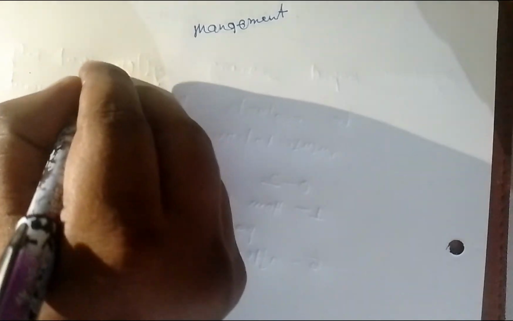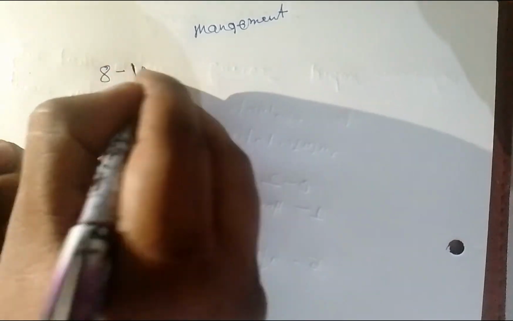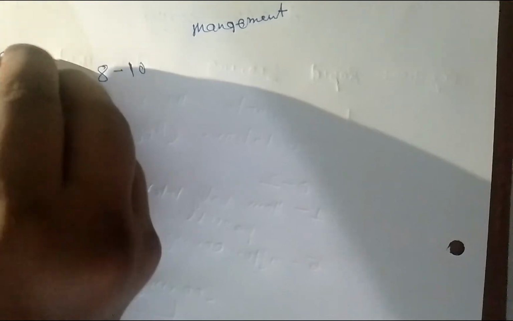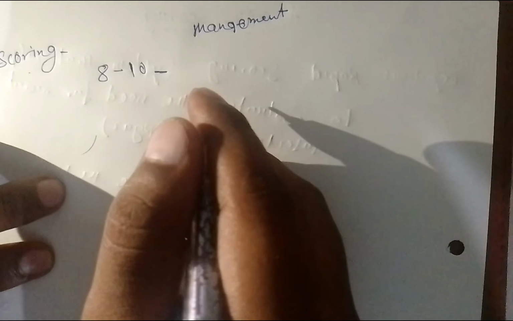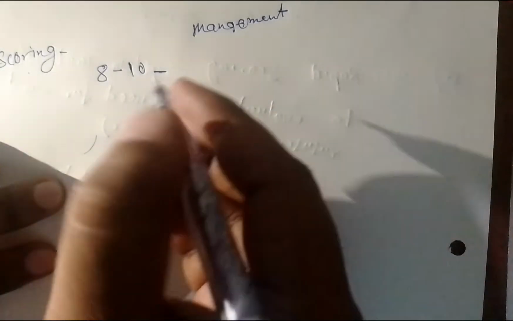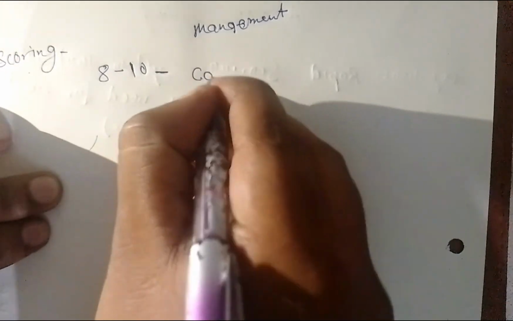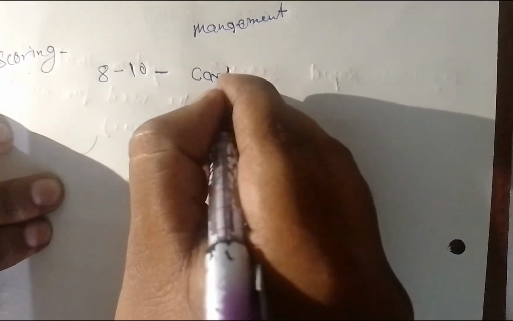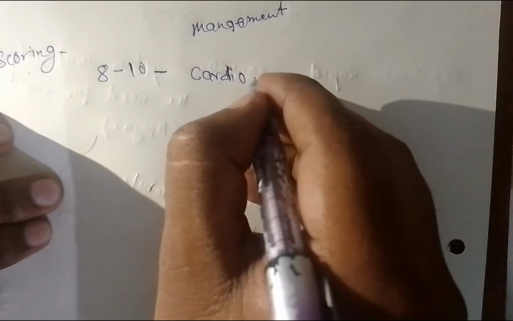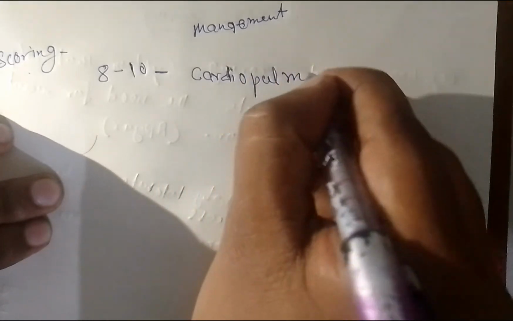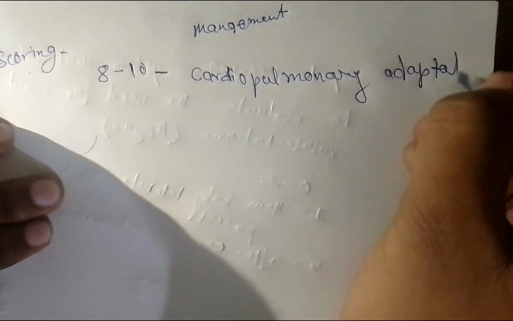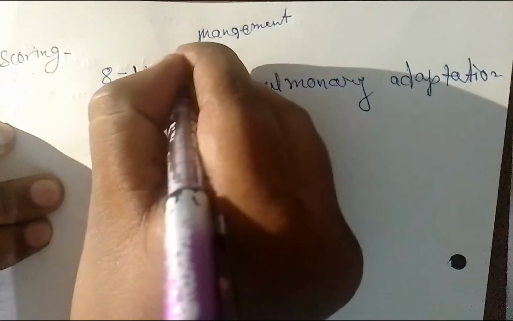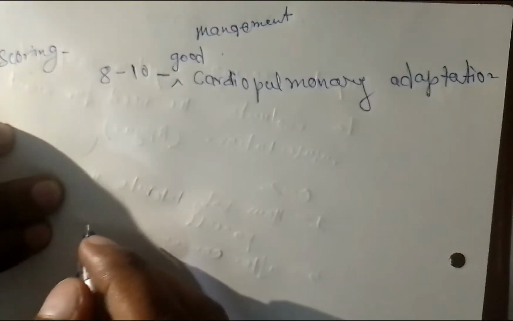If the score is 8 to 10, that shows the neonate has good cardiopulmonary adaptation.